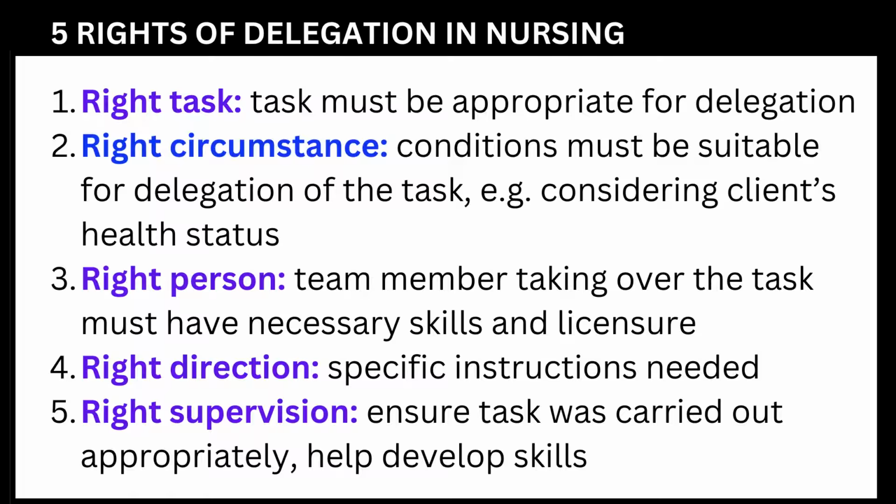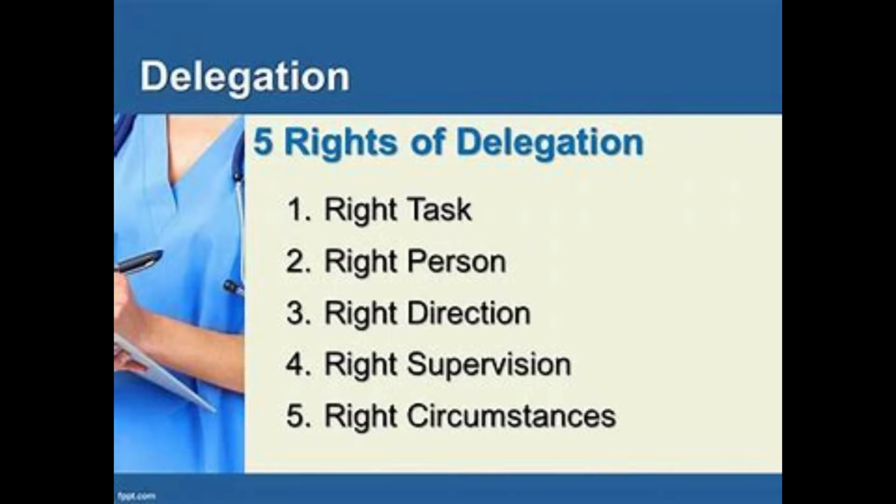That is, you must be able to give appropriate supervision. So that is the 5 rights of delegation. What are they again? The right task, the right circumstance, the right person, the right direction, and the right supervision.